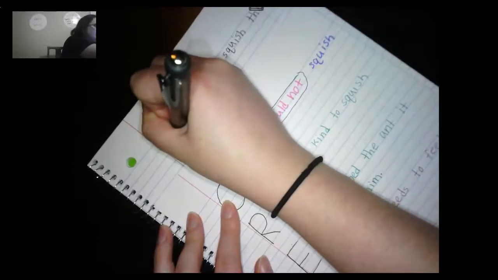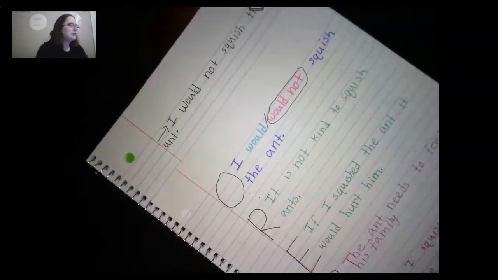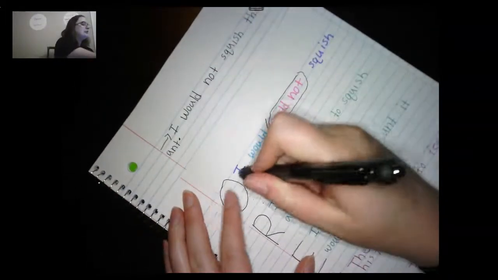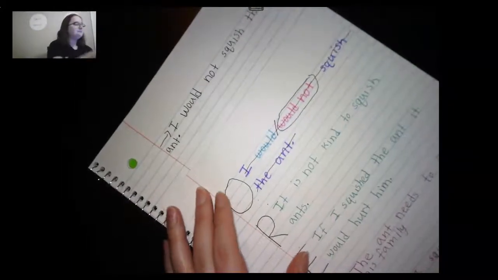And then I have my period. And so what you could do is you could write the whole sentence and then cross it out, right? Or you could go word by word, which I'll show you next.